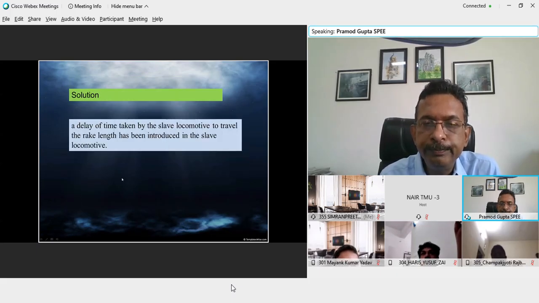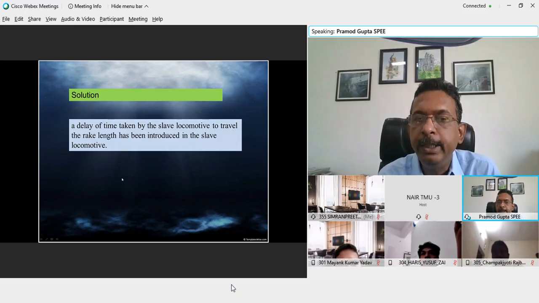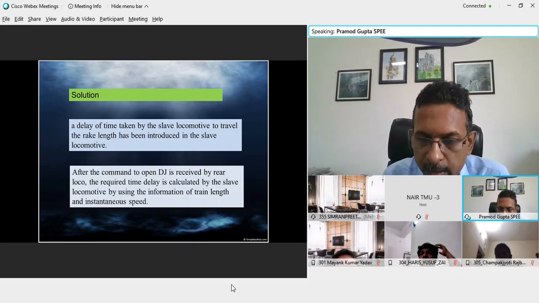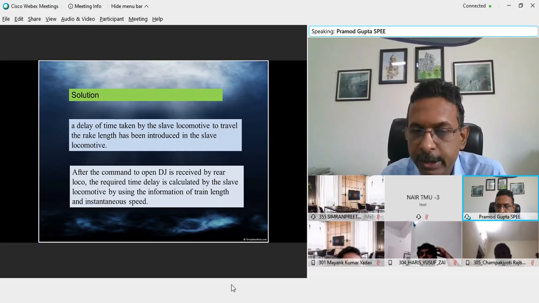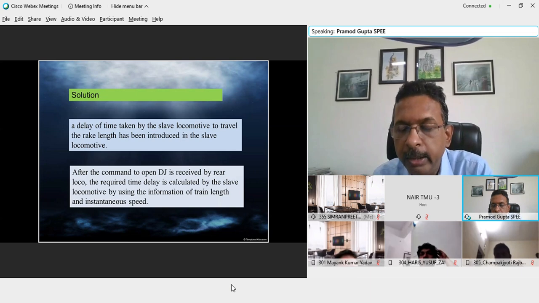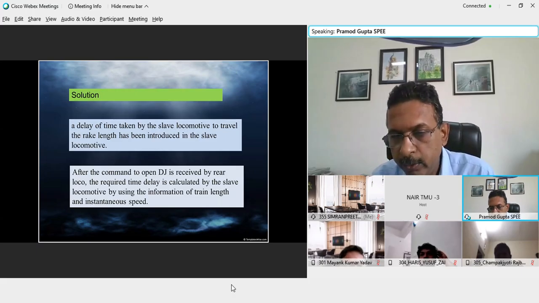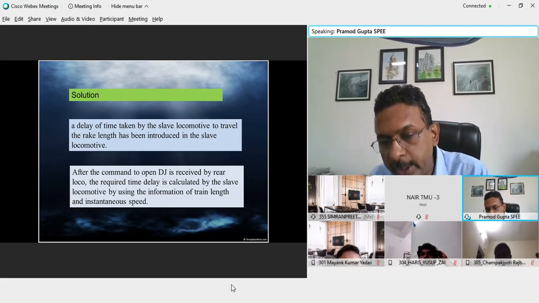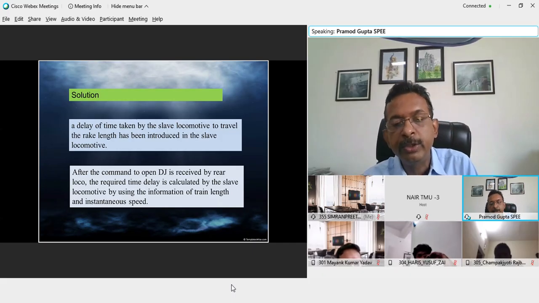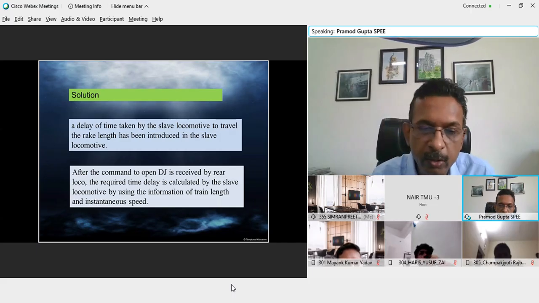The rear locomotive calculates the delay of time it needs before it crosses the neutral section, and after that time has elapsed, the DJ of the rear locomotive is opened, and the entire train negotiates the section. So the first loco is already 500 meters away from the location of the neutral section, and the DJ operation is being performed by the rear locomotive.